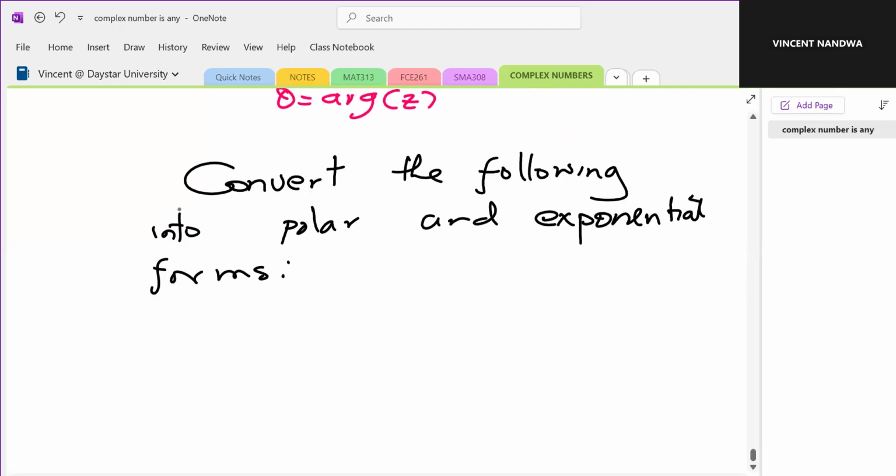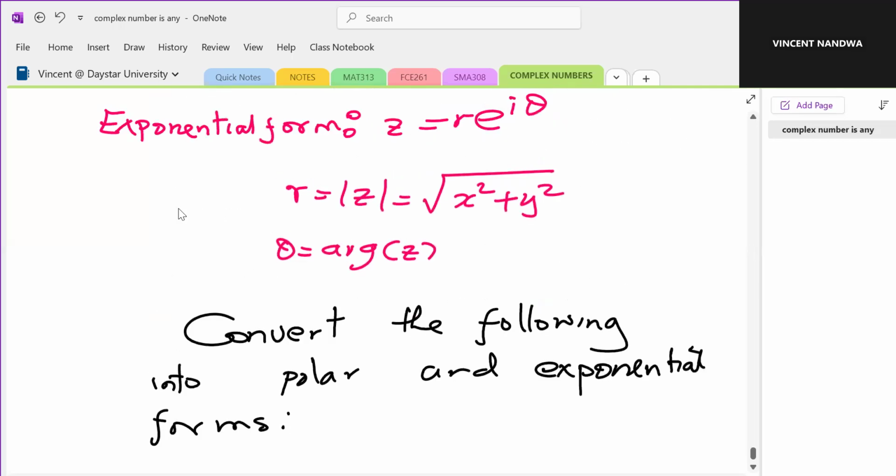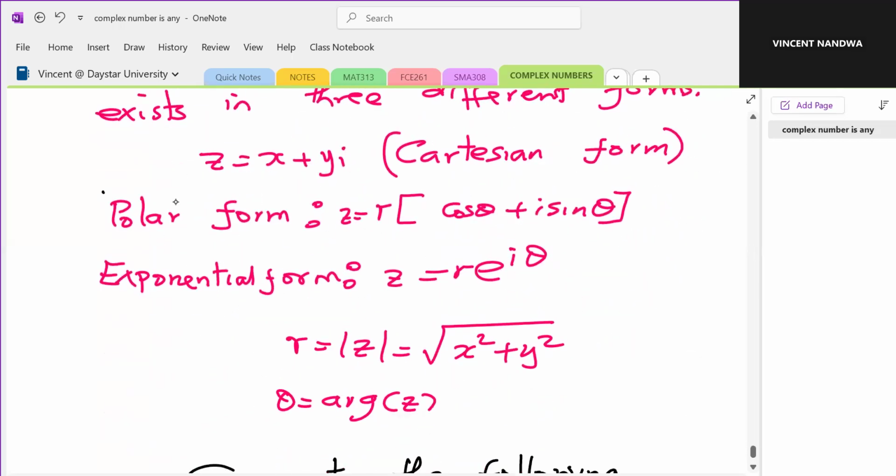Maybe just even before we do that problem, it's good actually to see why we say that polar form is also how z can be presented if z is x plus yi.